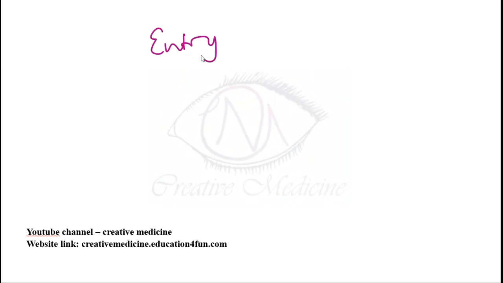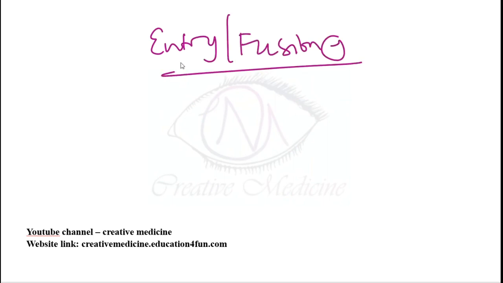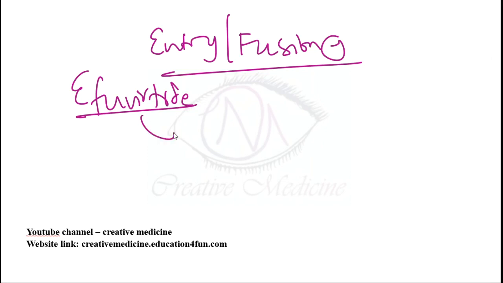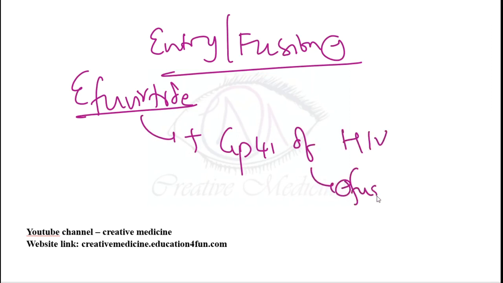Then we have entry or fusion inhibitors, which include enfuvirtide. Enfuvirtide binds to the gp41 of HIV, and thus it inhibits the fusion of the virus and also the entry of the virus into the host cells.